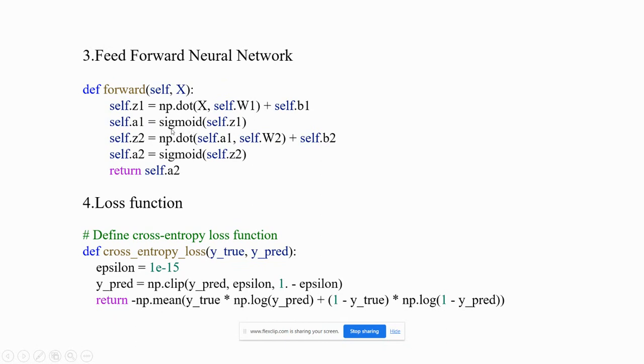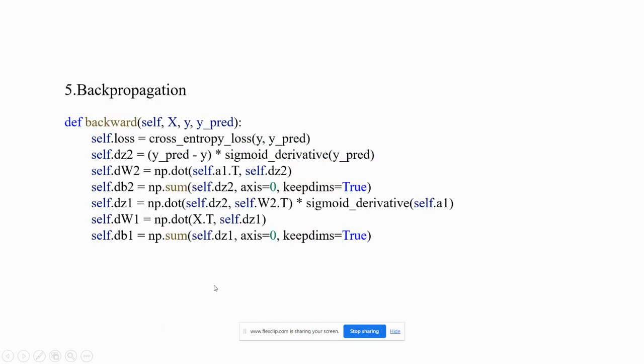After passing through the sigmoid, we get this a1 as the output, and that when multiplied with weights and adding biases, we pass again to the output layer as it contains a sigmoid function, and we finally get this self.a2 as the output. After getting this value, we will also have the actual value of the output. By knowing those two, we'll calculate the error here using this binary cross entropy loss function.